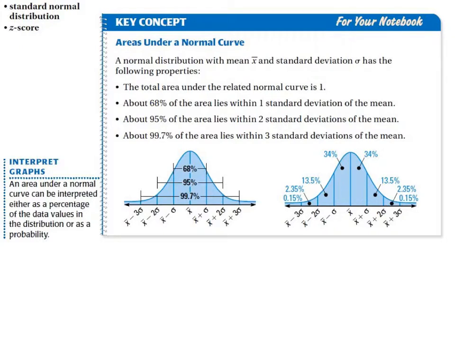So what this graph means is that if you take any data that you assume will follow the normal curve, then you take the mean, which is x bar, the average of all the data, then you assume that one deviation away from the mean will contain about 68% of the data, and 2 deviations away will contain 95%, and 3 deviations away will contain pretty much all of the data, so 99.7%.